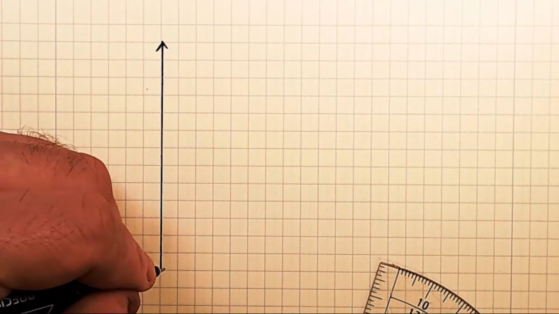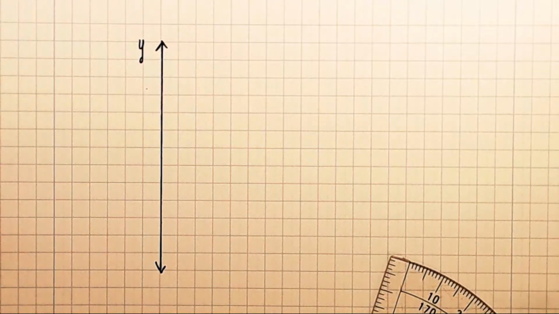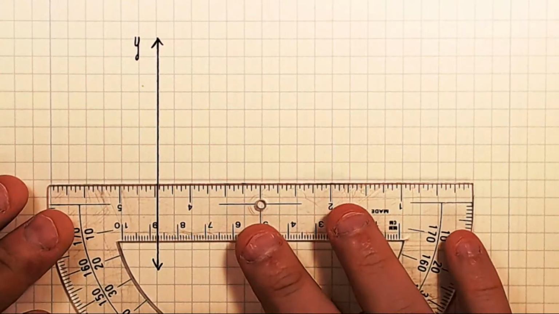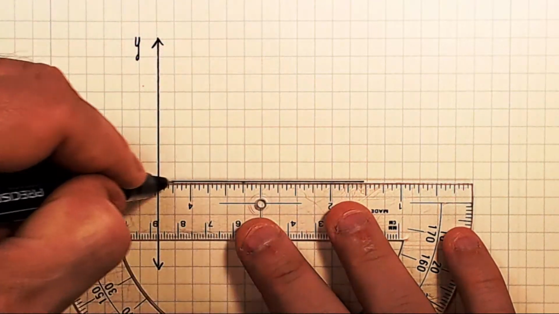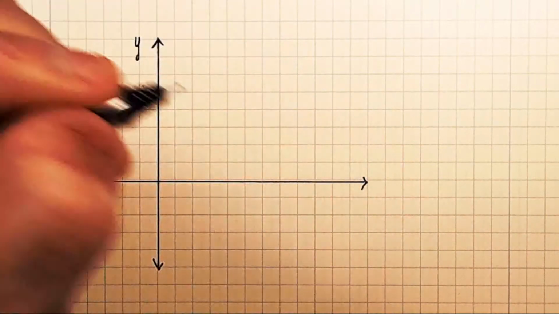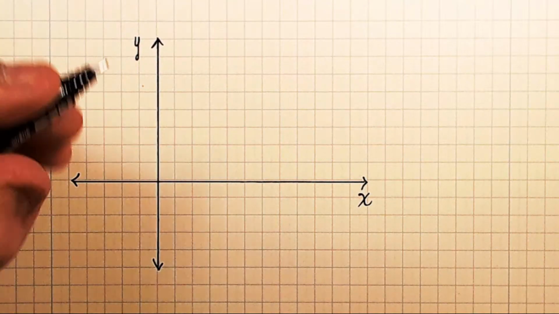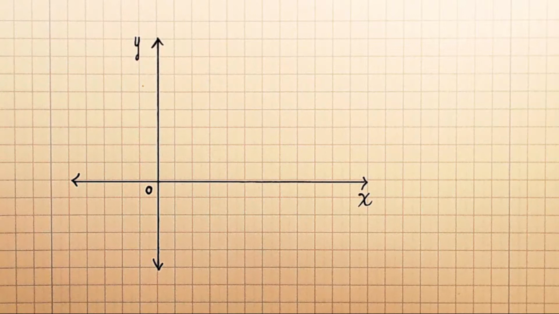Okay, we'll label that axis y. That's the vertical axis. And then we need to label the x-axis. So here's the x-axis. Okay, we label that x, and then identify our origin point, 0, 0, right there.